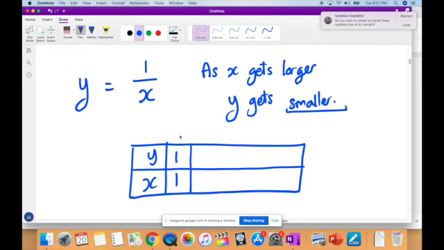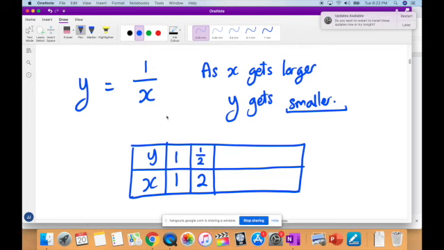So when x is 2, what is y going to be? This is elementary stuff I'm asking here, not hard stuff. Tell me the first thing that comes to your mind. Isn't it 1 over x? So when x is 2, y will be 1 over 2. So now you have the 0.5 there.